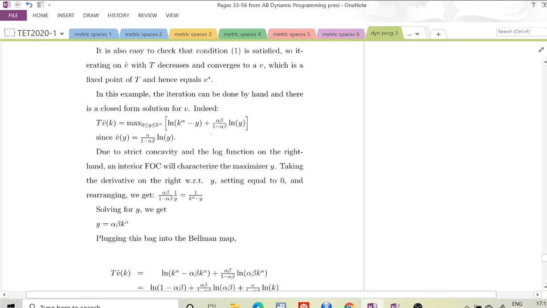So here we are applying T to the v hat function. T v hat of k is the max across all feasible y's, that are y's between 0 and k to the alpha, of the current reward, which is now, the utility function is the log function, log of current full output, k to the alpha, minus what capital stock I want to leave for tomorrow.